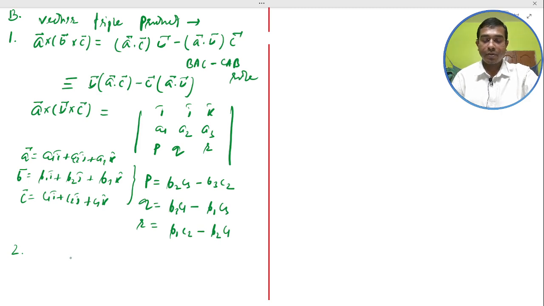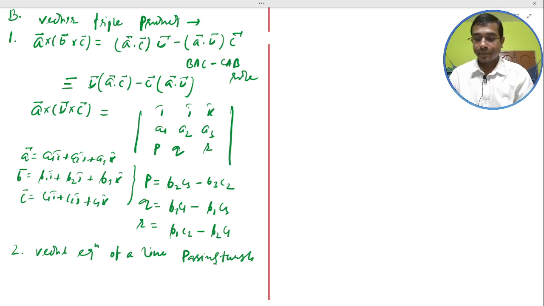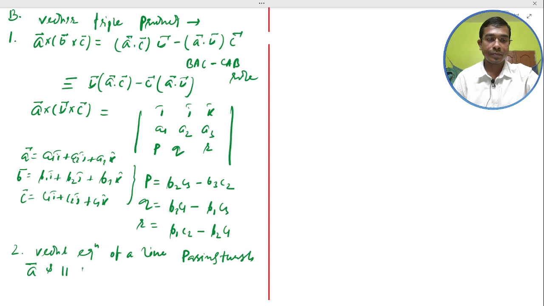Number 2, vector equation of a line passing through A and parallel to B. That is R cross B is equal to A cross B.